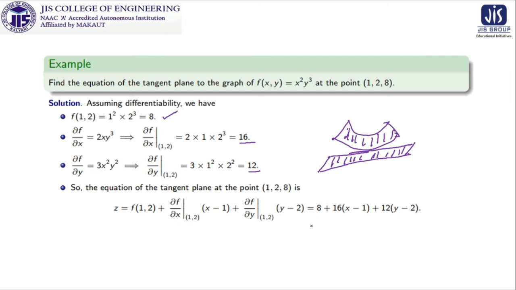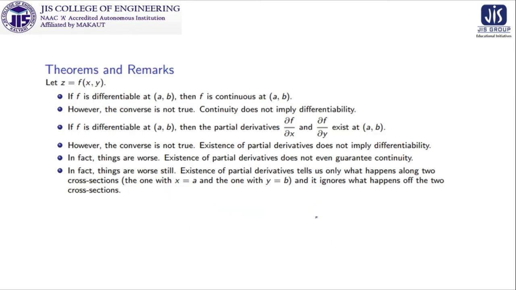Now you can simplify it if you want: 16x plus 12y, minus 16 minus 12, so minus 28, plus 8, so it is simply minus 20. So you can get the equation of the tangent plane in this form.